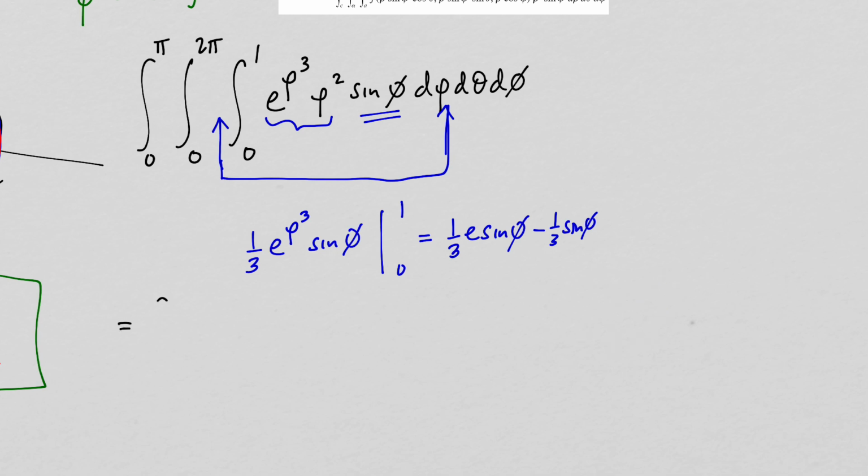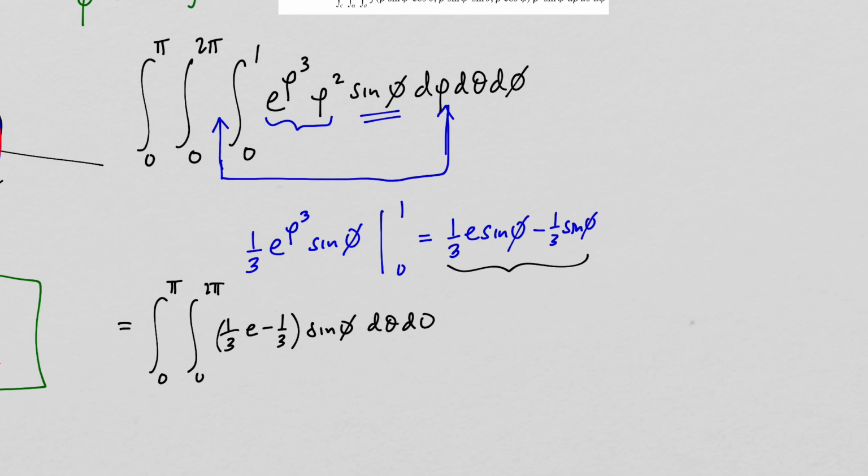And so this integral becomes the integral from 0 to pi, integral from 0 to 2 pi. And then right here, if we want to, we can factor out the sine of phi. So we're going to have 1/3 e minus 1/3 times the sine of phi, and then d theta d phi.